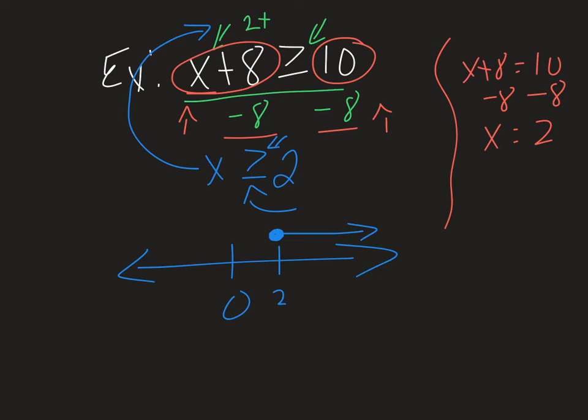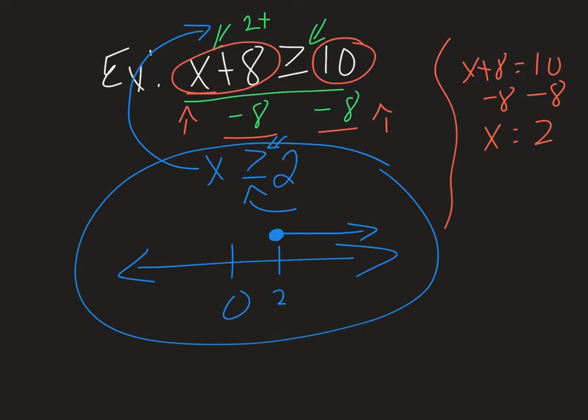I'm looking for values greater than 2. And if you're not sure which way to go, you can always try a value here. If I try 3, does it result in a true statement? In this case, it would be 11, and yes, it would work. 11 would be greater than or equal to 10. So therefore, it would work. And this would be my solution set. Any number that's 2 or bigger is basically what I'm saying here. And I'm just giving a visual for how it works.